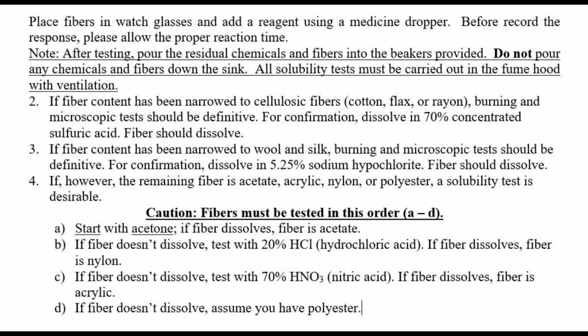Now we are going to test different man-made or synthetic fibers. So after visual inspection, burning test and microscope observation, if you narrow down that the sample is synthetic, we use chemical testing to be 100% sure.